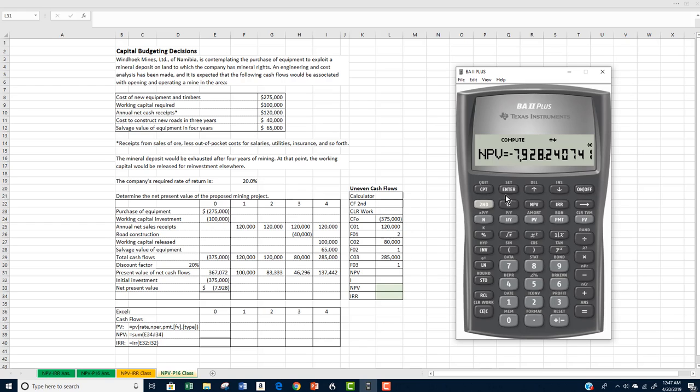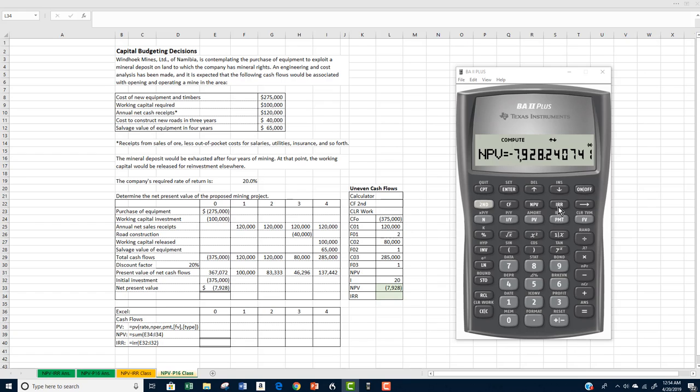This project will be rejected. Since the NPV is negative, the rate of return for this project must be less than the 20% minimum required return. To prove this, we will determine the project's internal rate of return. Simply press the IRR button on the calculator.